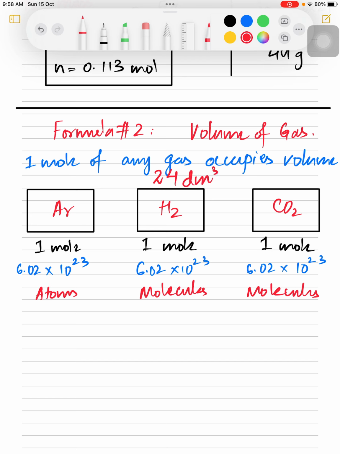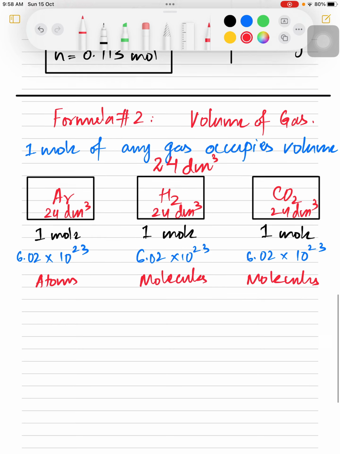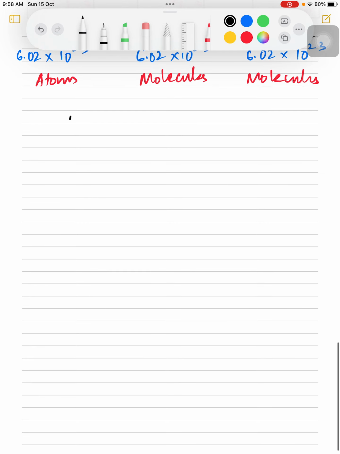So each container contains 24 dm cube. So the formula is, can I say that the molar gas volume is equal to 24 dm cube.